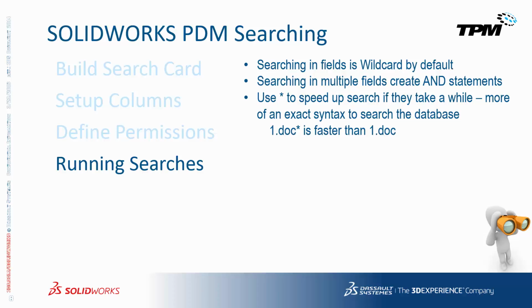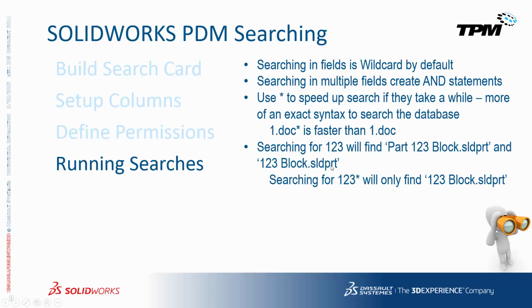So you can see I've got a sample here. 1.doc asterisk will actually be a faster search result than 1.doc. Now, is this a big deal? In a really, really large vault, if your searches are a little slow, then yes, this could be a very big deal and it could help out a lot. But for general public use, it's not hugely important. Okay, but it is a really good way to also troubleshoot your search speed.